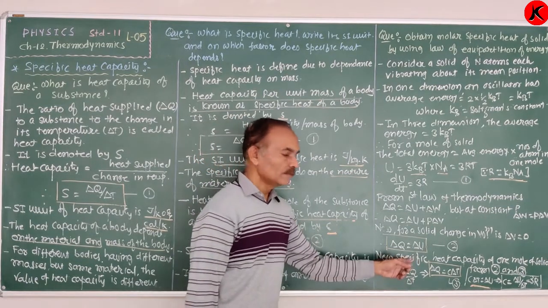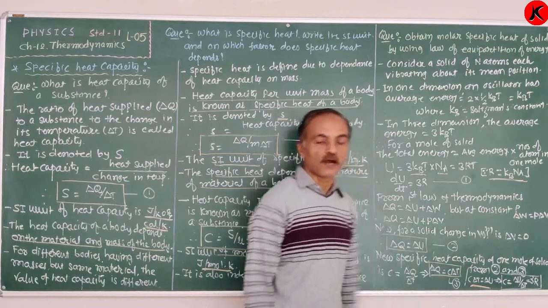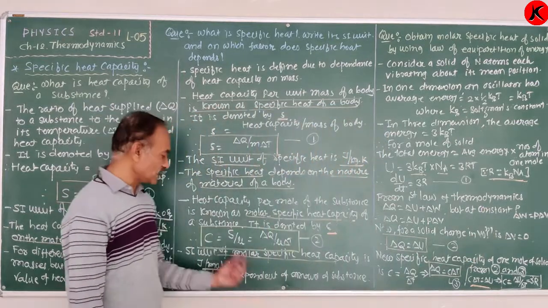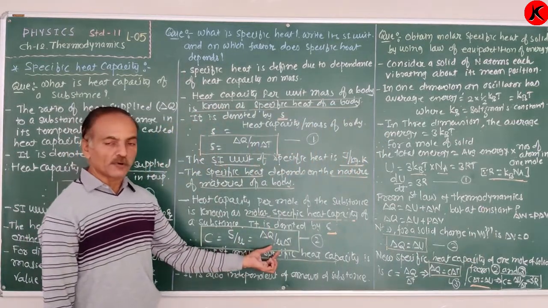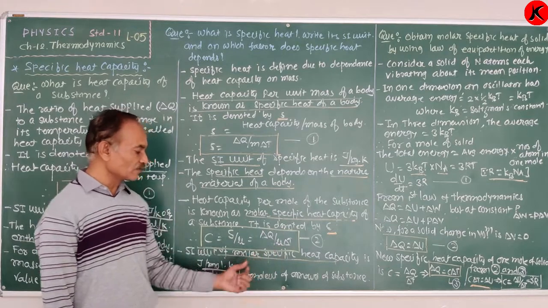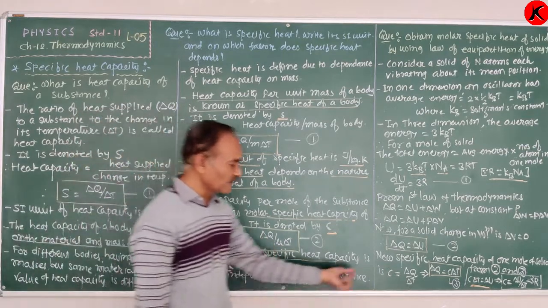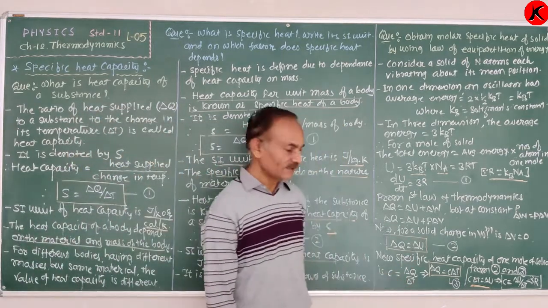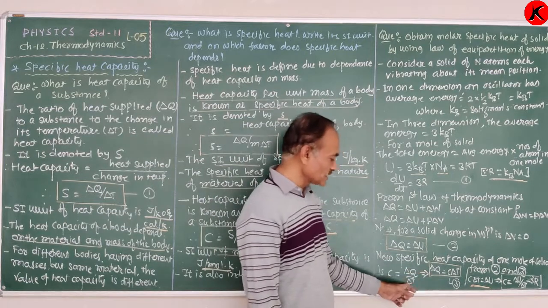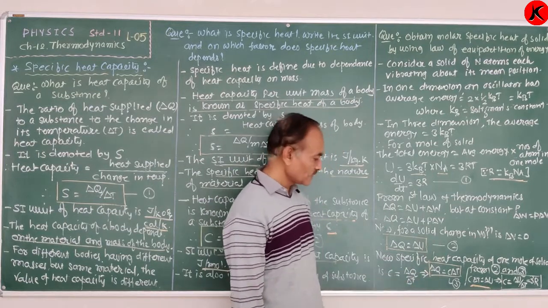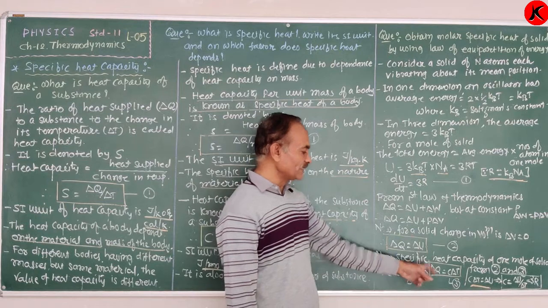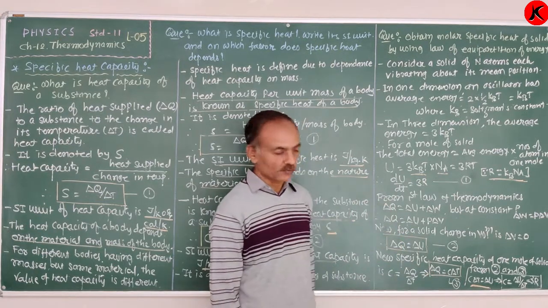Now, from the specific heat of 1 mole of solid, C is equal to delta Q upon mu delta T. Mu is equal to 1 mole. Therefore, C is equal to delta Q upon delta T. Therefore, delta Q is equal to C into delta T. Substitute this value of delta Q in equation 2.